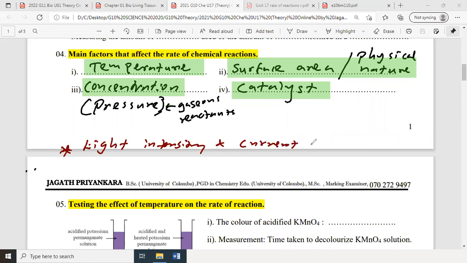Current also can affect the rate of reaction. Is that clear? Light intensity and current also can affect the rate of reaction.